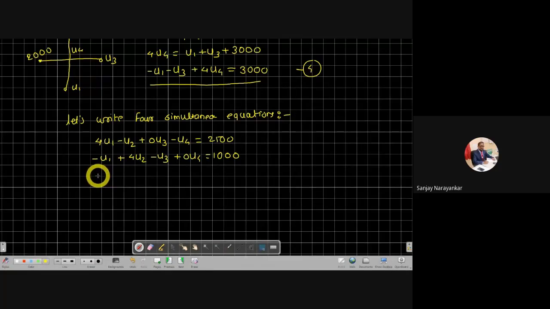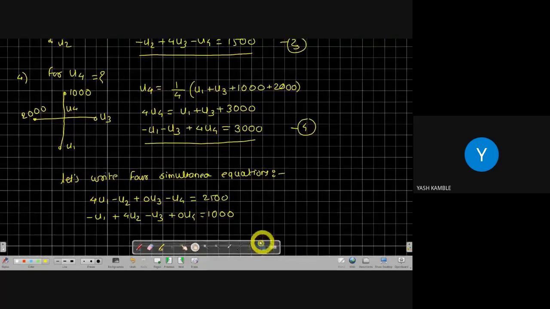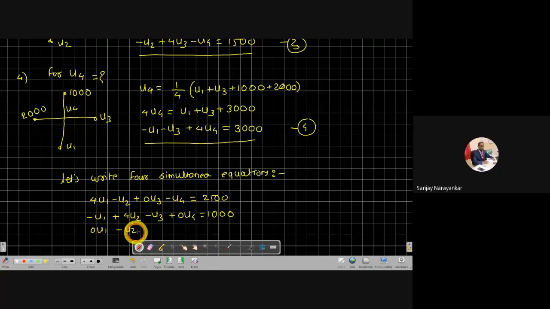Next. For U3, we got an equation: 0U1 minus U2 plus 4U3 minus U4 is equal to 1500.